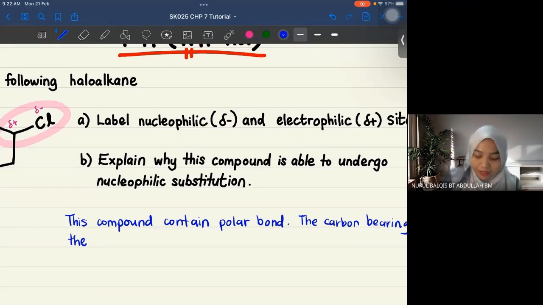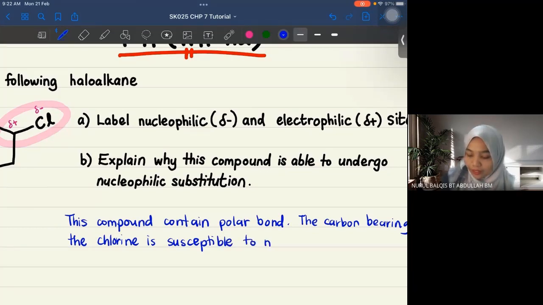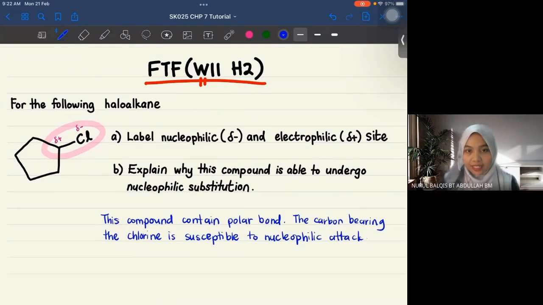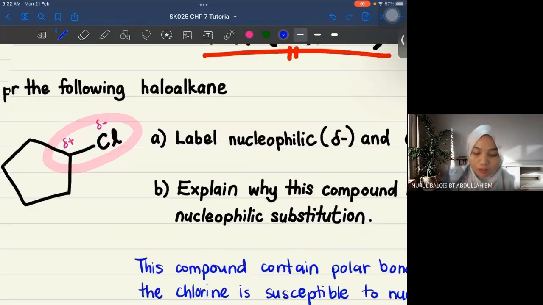The carbon bearing the chlorine is susceptible to nucleophilic attack sebab dia ada this difference in terms of electronegativity. Kenapa dia boleh di-attack? Sebab sekarang bila dia partially positive, dia dah ada electrophilic site. Okay, jadi nucleophile with more electrons on them, they will attack donating one of the lone pair to this electrophilic site of carbon.